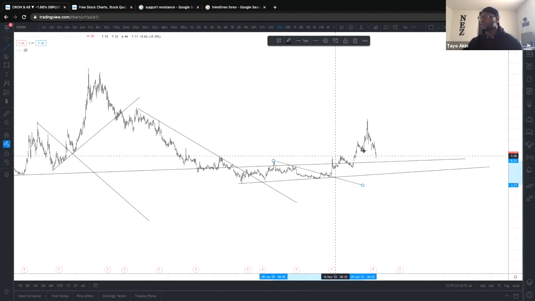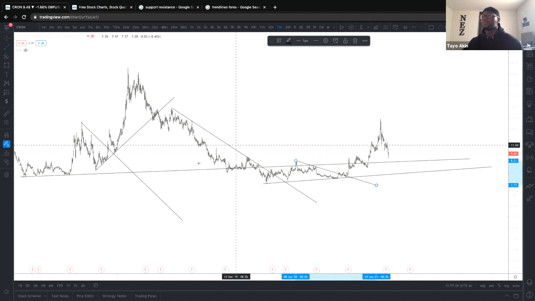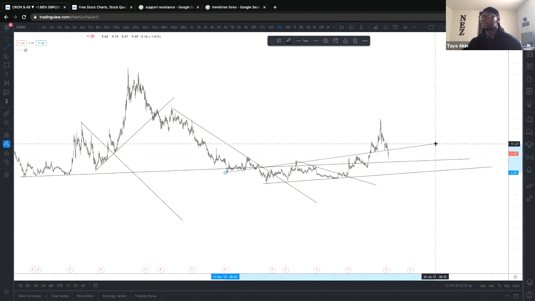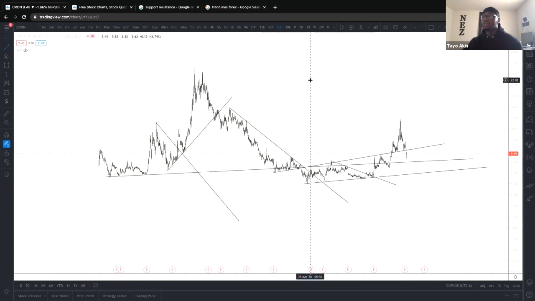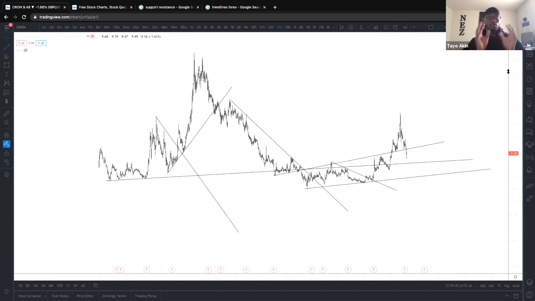Or let's see what else I can modify. Oh yes, you could take this to this. Okay, so for Barry, do you see how I'm just tossing out random trend lines, but they're all valid trend lines? So let's do this again.